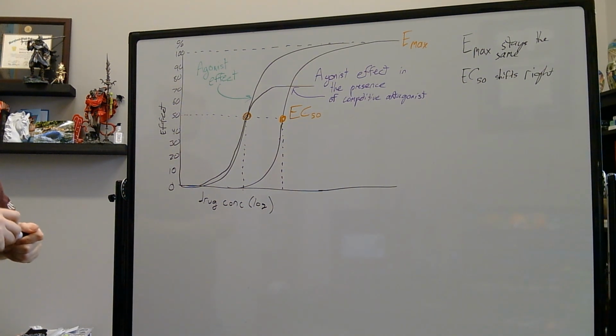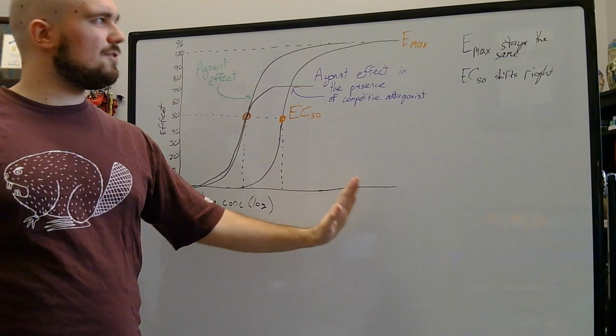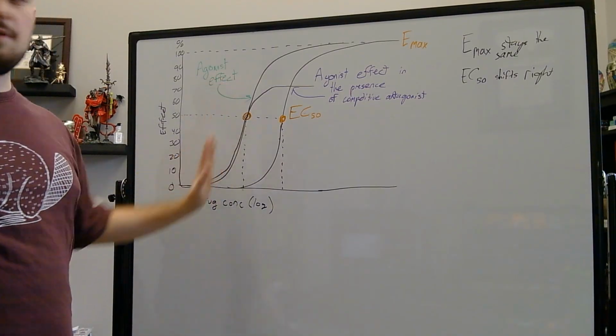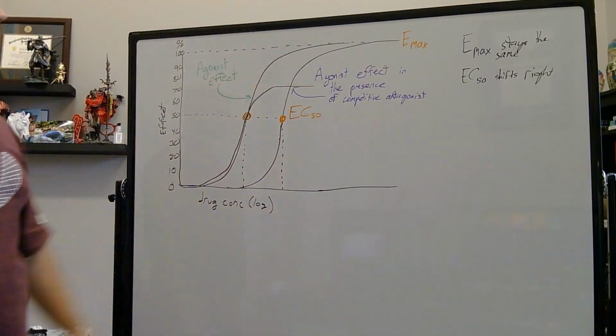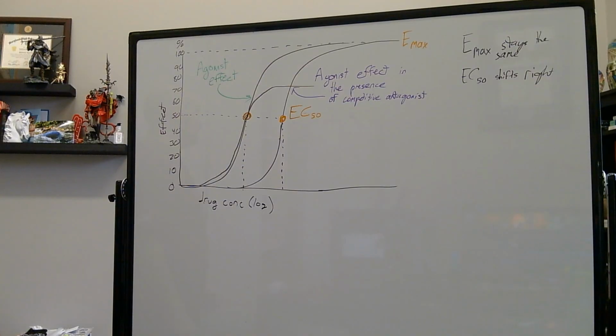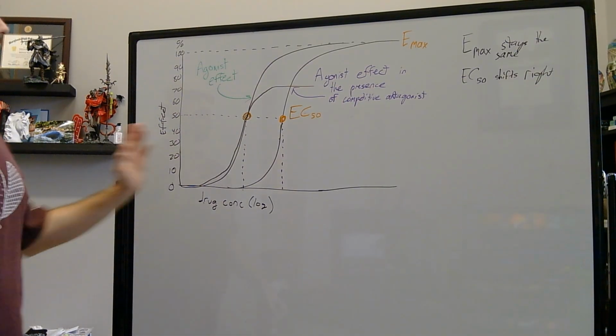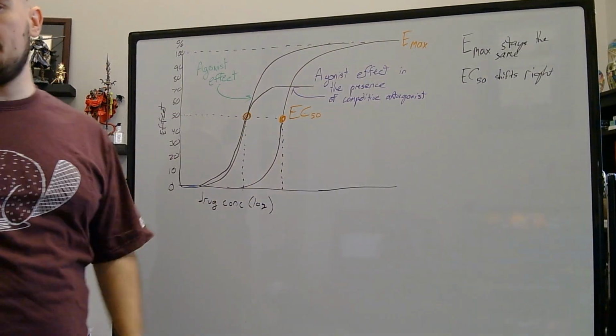But again, if you get enough concentration, it doesn't matter how much competitive antagonist you have on board. If you have enough concentration of this full agonist, it will kick that competitive antagonist off the binding site, because it is reversible, and you'll still have the same Emax.